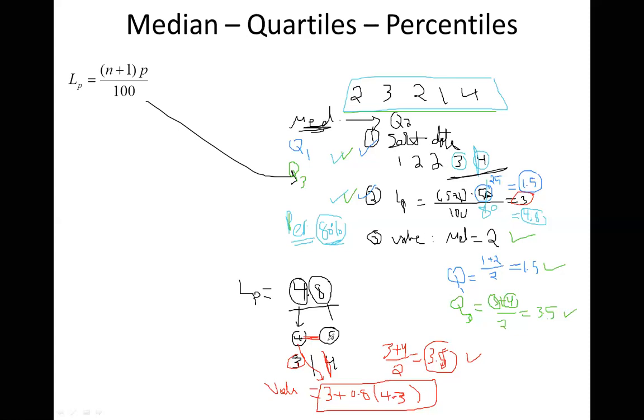The value number 5 is 4, the value number 4 is 3, so 4 minus 3 is the difference between the two values, times the weight according to the remaining of the integer value.